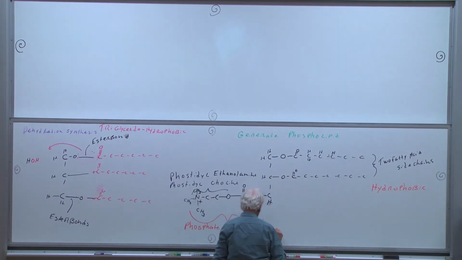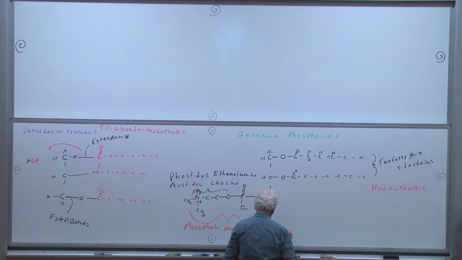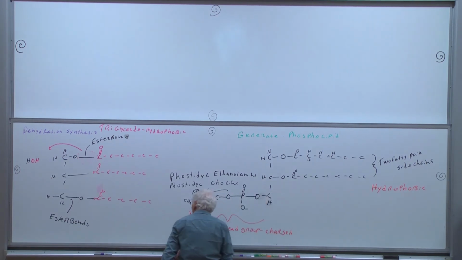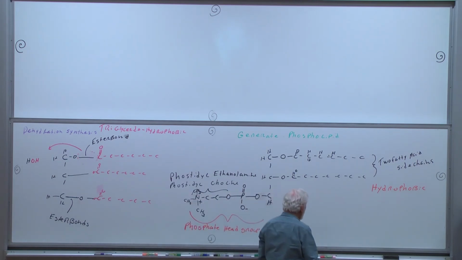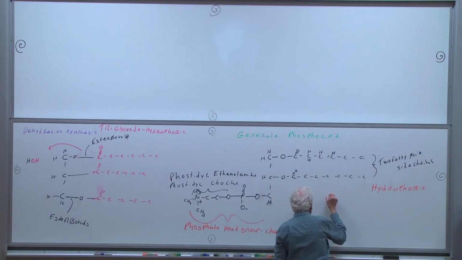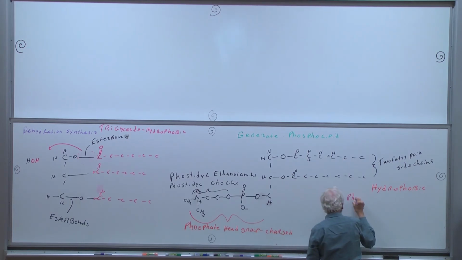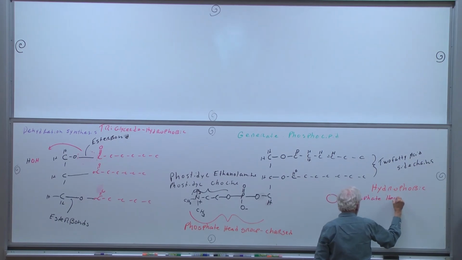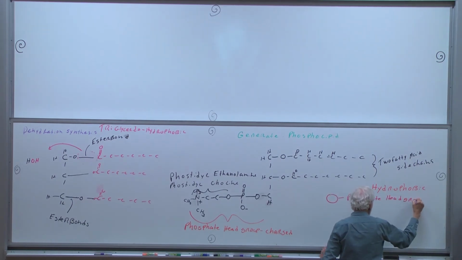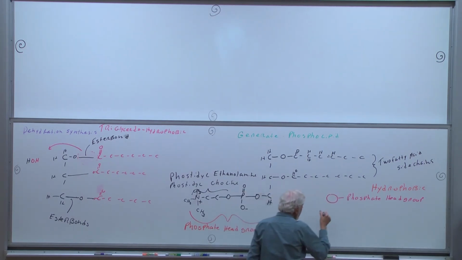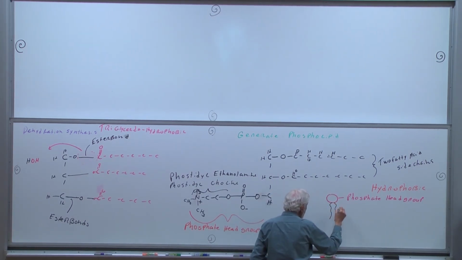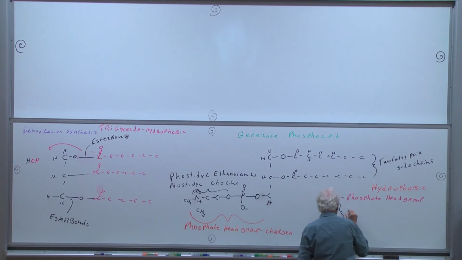That's charged. There's a shorthand to this. The shorthand to this is that we use a circle to represent the phosphate head group. And then we simply draw a couple of squiggles to represent the fatty acid side chains.